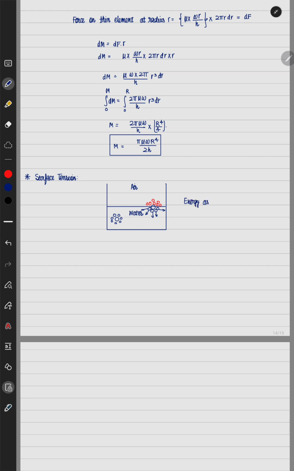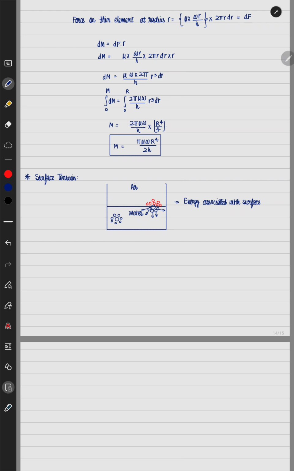Energy associated with the surface. Due to this energy, the imbalance of force applied from the bottom by the same kind of molecules is countered by the total energy available with the surface.